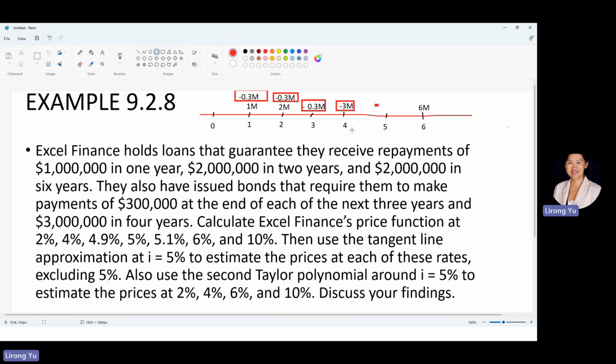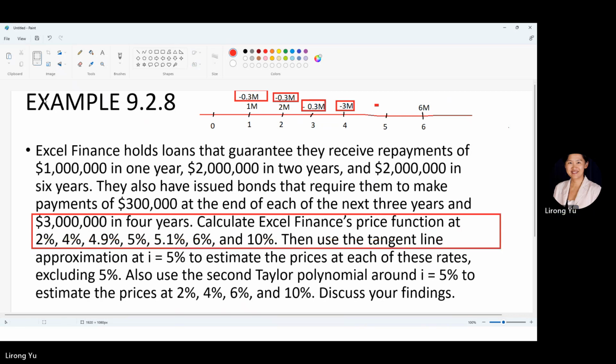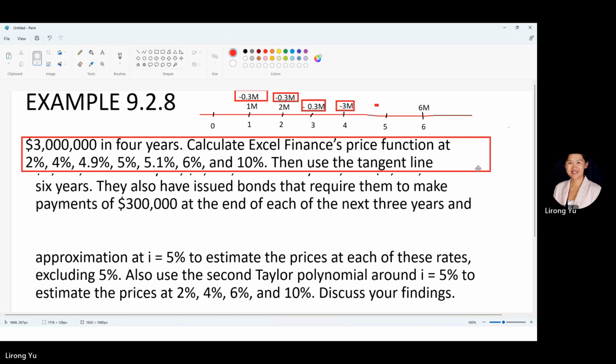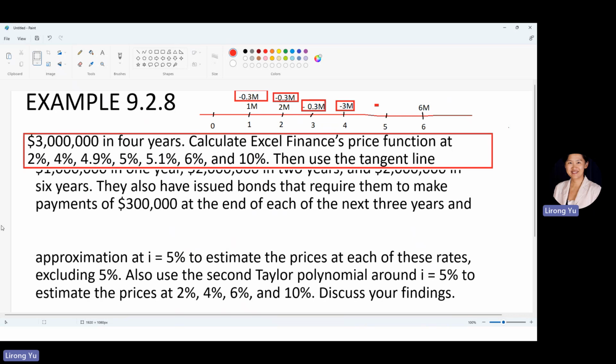And time 4. Okay, calculate the price function for all these. So first we're gonna set up the price function, since those are clear. This is what we intend to do first. Try to clear out the page here.